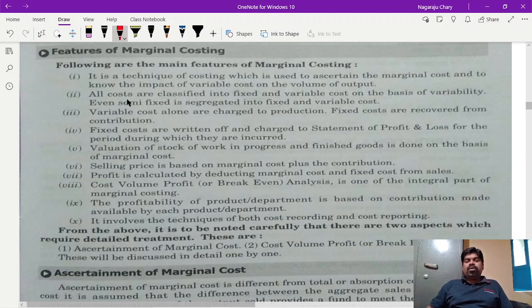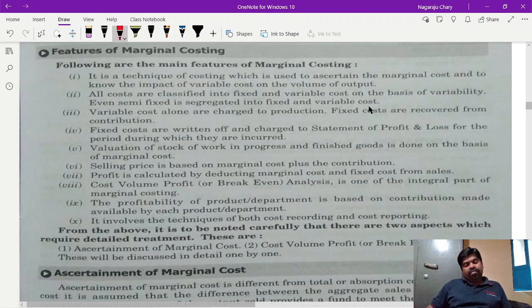So if volume of production is increased, variable cost may be increased. So that's why it impacts variable cost. That is a feature of marginal costing. All costs are classified into fixed and variable costs on the basis of variability. Even semi-fixed cost is segregated into fixed and variable cost. Yes.